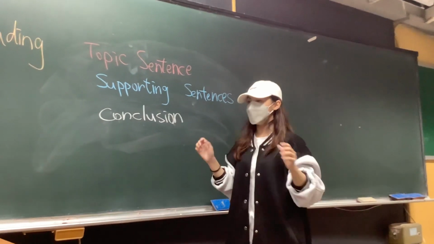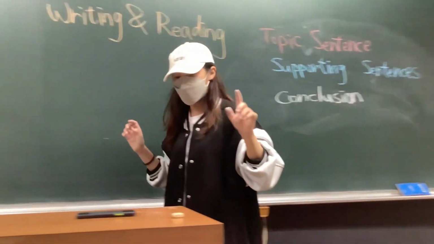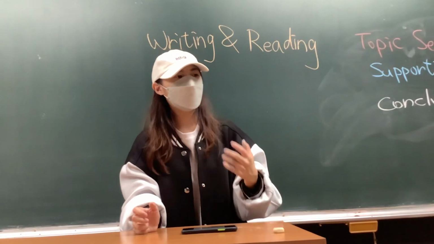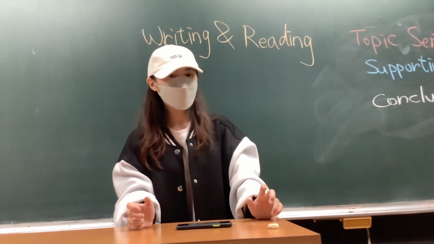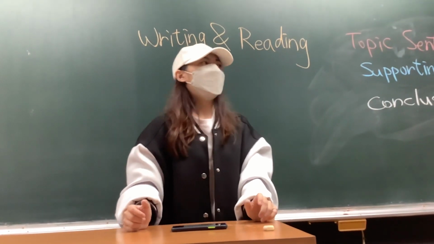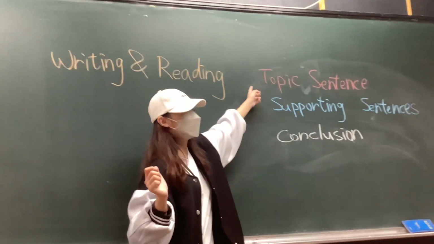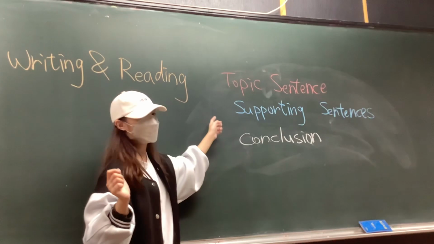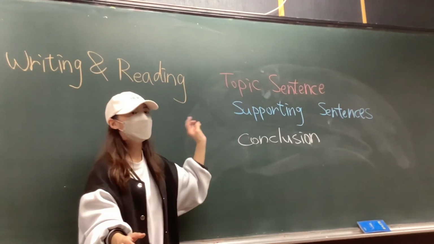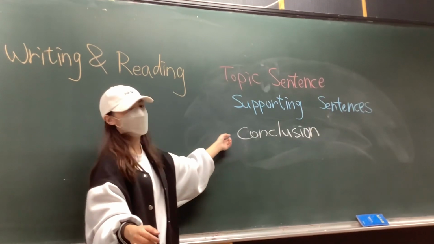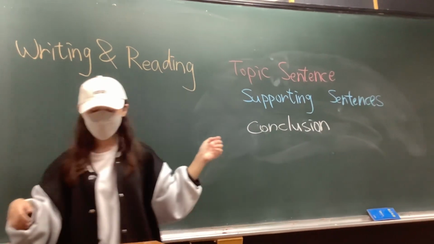Okay, very well. So I think it's almost time for our break. What I want you to do after class today is write a good and organized paragraph with this structure: a topic sentence, followed by 3 or 4 supporting sentences. So find 3 or 4 examples. And then in the end, you need to have a short and sweet conclusion.